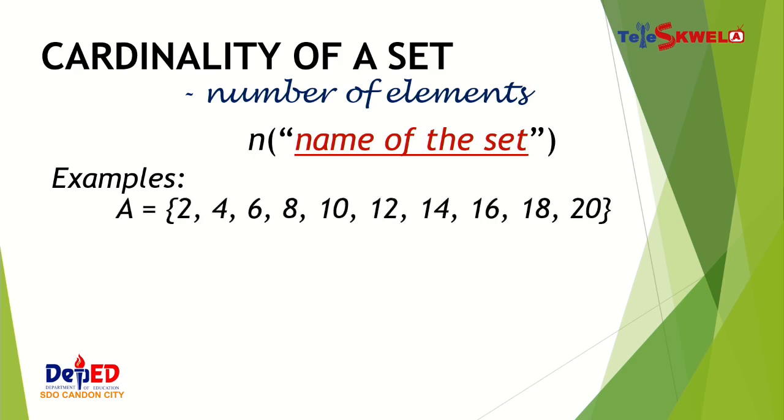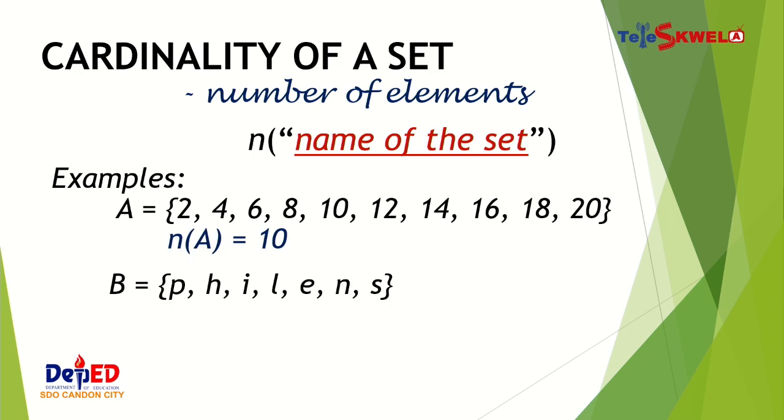Number 1, set A is a set that contains the elements 2, 4, 6, 8, 10, 12, 14, 16, 18, and 20. Let us now count the number of elements beginning from 2. So we have 1, 2, 3, 4, 5, 6, 7, 8, 9, and 10. Therefore, the cardinality of set A is 10.